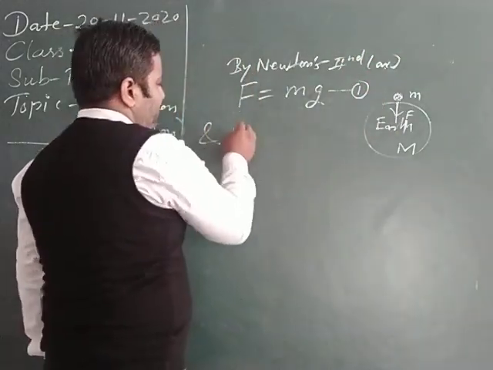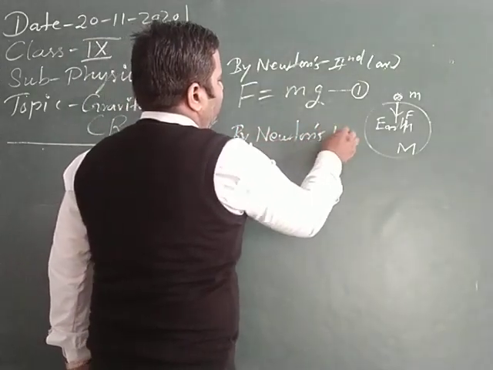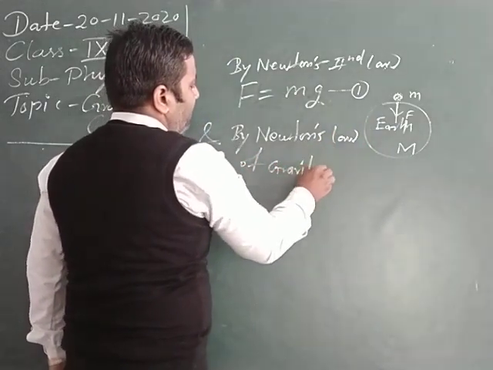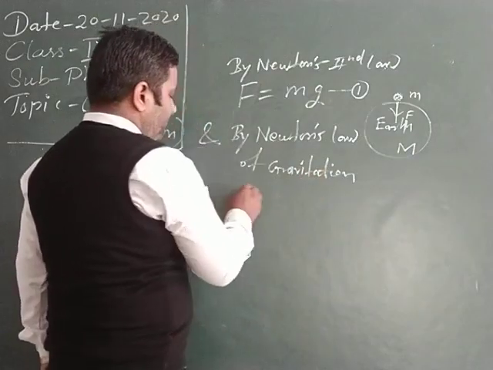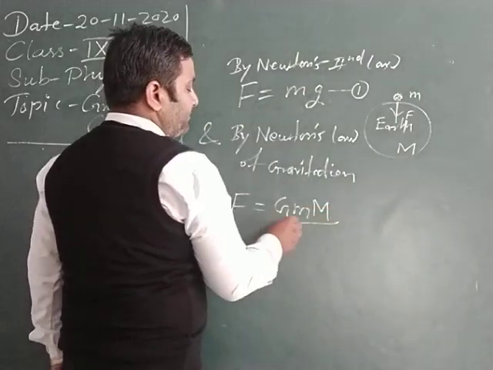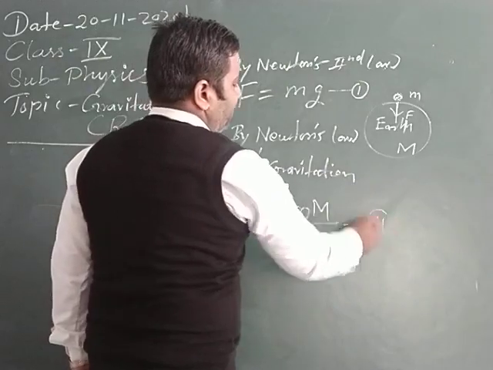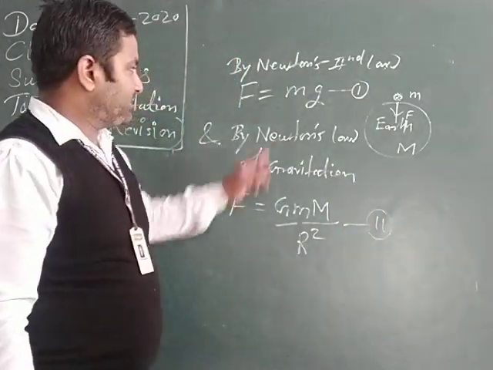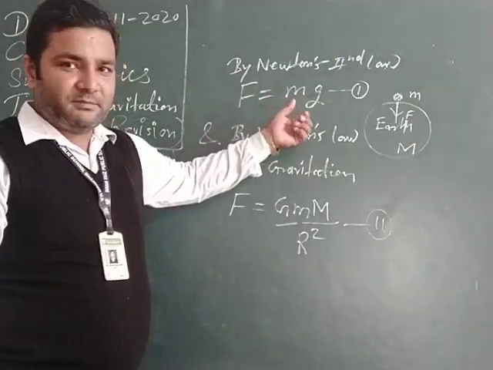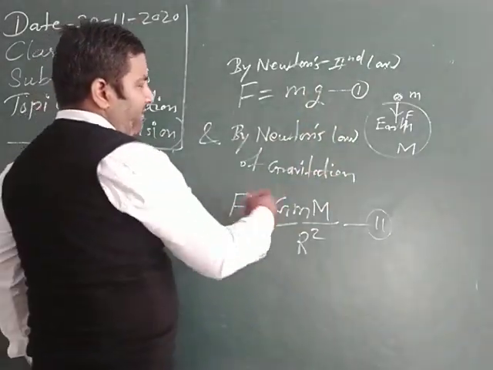By Newton's law of gravitation, F is equal to capital G small m capital M upon R square. This is equation number 2. By the force of gravity, mg, the body is attracted towards the Earth's center.